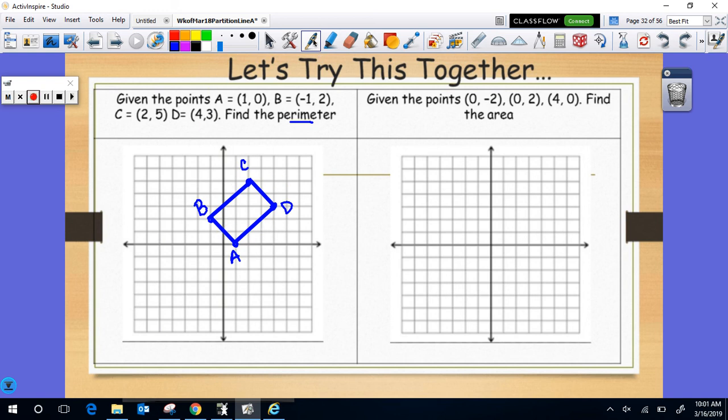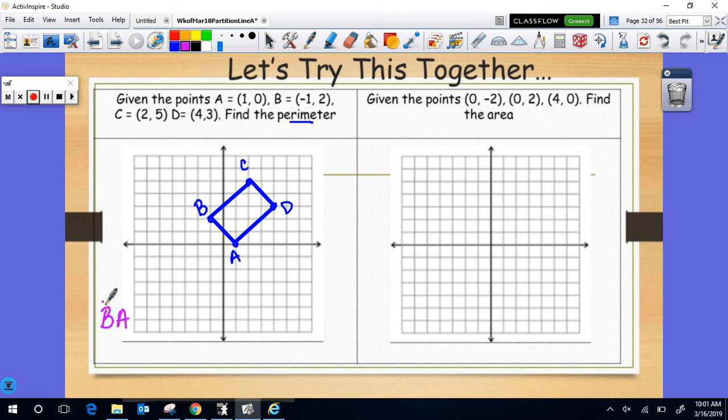So what I need to do is find the length of these sides. Now there's two things you can use. You can use the distance formula to find the length of AB, BC, CD, and DA, or you can use Pythagoras Theorem. I'm going to use Pythagoras Theorem because I just think it's the simpler one to use.